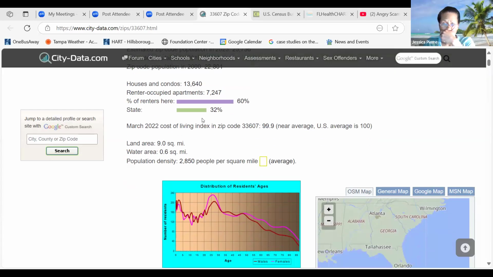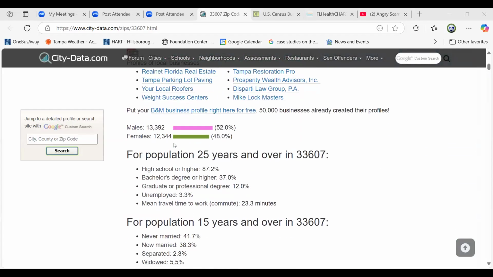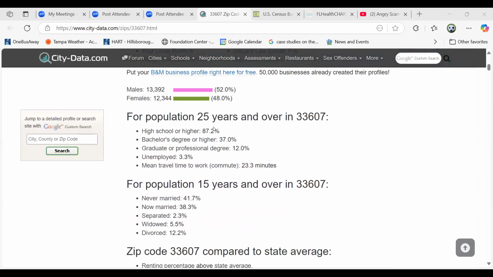So it's going to give us a breakdown in terms of rental occupied apartments, land size, for example, population of folks that are 25 and over. We're looking at this. Here's what we do know when we look at these numbers. I see that the high school rate, folks who are getting out of high school, was at 87%.